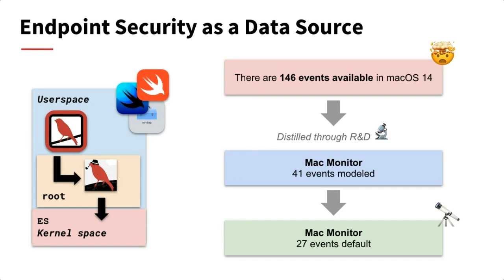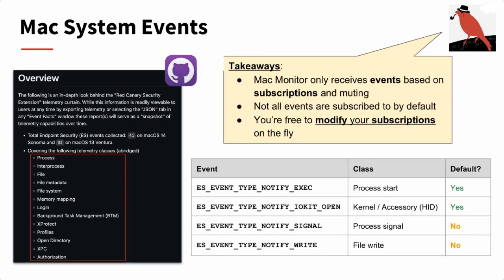In Mac Monitor, for example, we modeled 41 of these on macOS Sonoma, and 27 are subscribed by default. So what are we trying to get at here? What I'm trying to communicate is that the number of events covered by any given EDR agent is not a great representation of coverage. Instead, you should be looking at those telemetry classes that we show on our overview on the GitHub page.